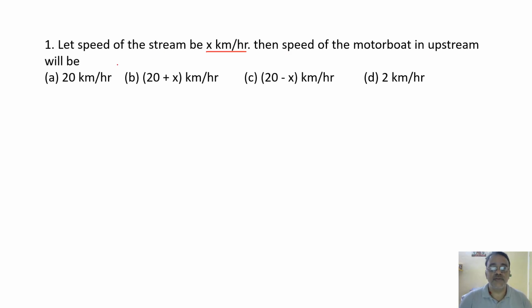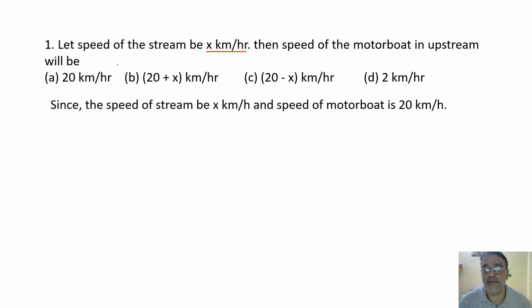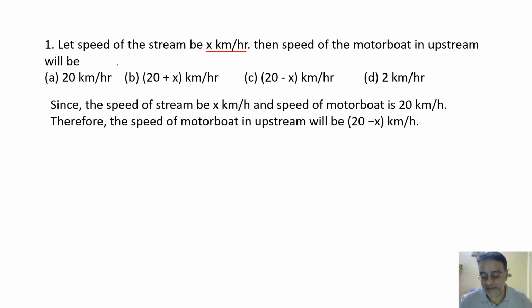Usually we add or subtract the speed of the stream from the speed of the boat for downstream and upstream, right? We don't do it the other way. Since the speed of the stream is x kilometer per hour and the speed of the boat is 20 kilometer per hour, the speed of the boat in downstream is 20 plus x and for upstream 20 minus x kilometer per hour. So the correct option is option C.